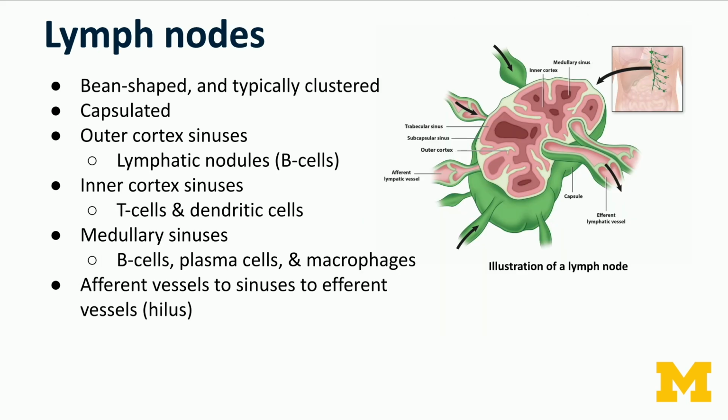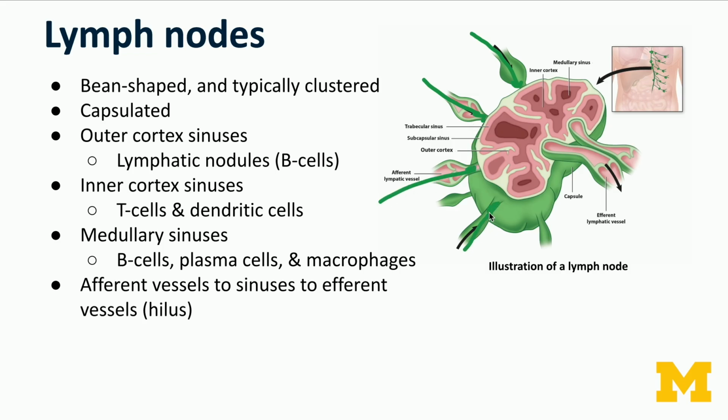Lymph nodes are bean-shaped organs that are capsular, so they have a capsule that surrounds them. Typically, they're found in groups that we give names to. With lymph nodes, there are afferent channels that feed into the lymph node.